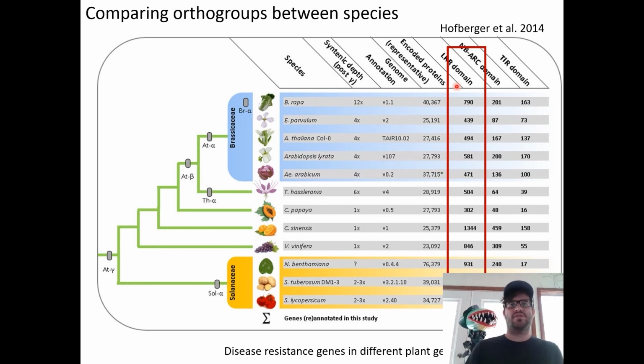And this is just comparing the number of these genes across species. So we could see here that orange has the most of these genes, followed by tobacco and potato and Brassica rapa.